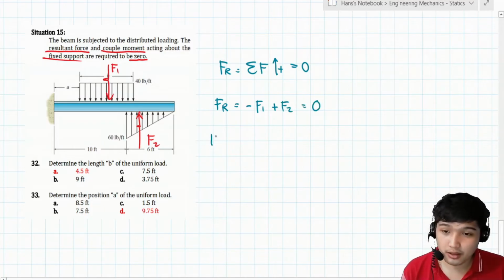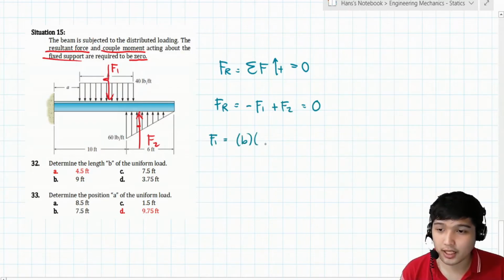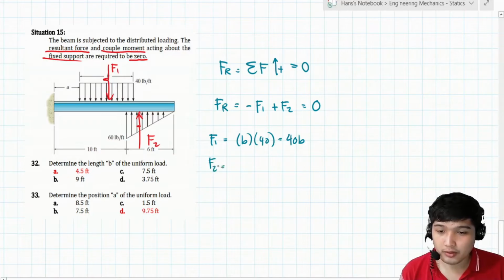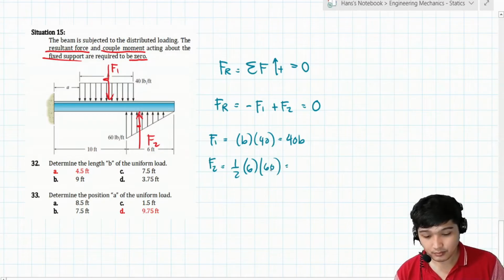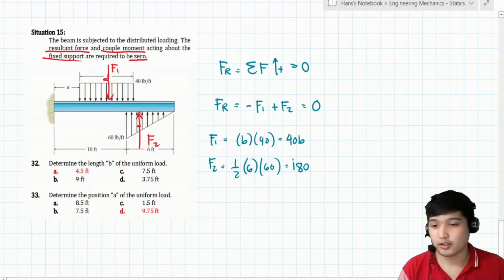And then, dapat daw sila ay magsi-0. So, solve natin yung F1. So, that is area nung rectangle, base times the height. Yung base is unknown, yung height is 40. So, therefore, 40B. And then, for F2, area ng triangle, 1/2, base is 6, height is 60. So we have here how much? I have here 180. So hindi ko nalalagay ang units, pero that is 180 pounds.